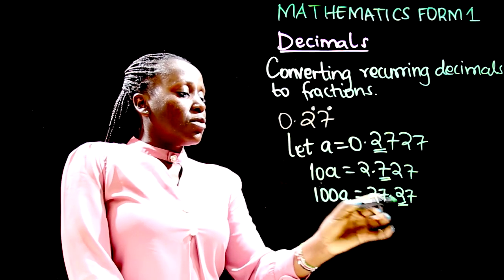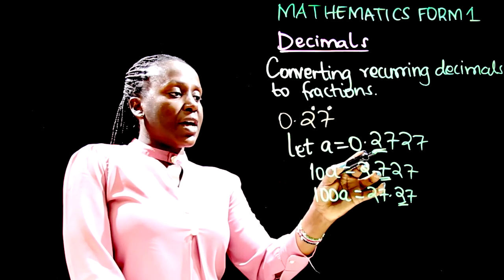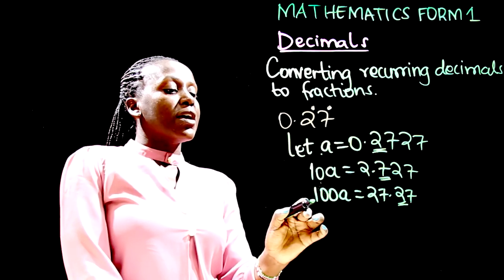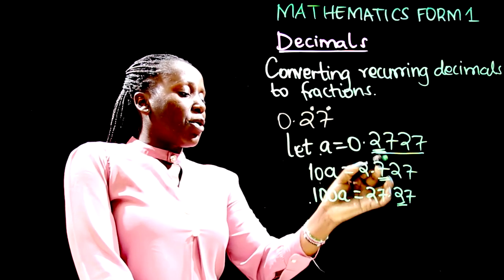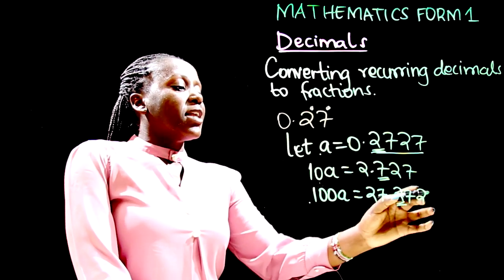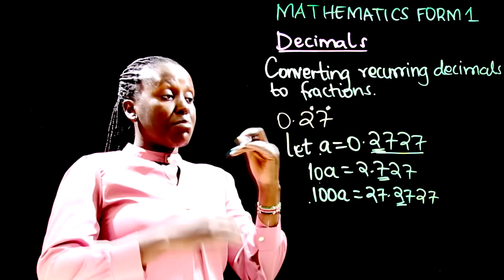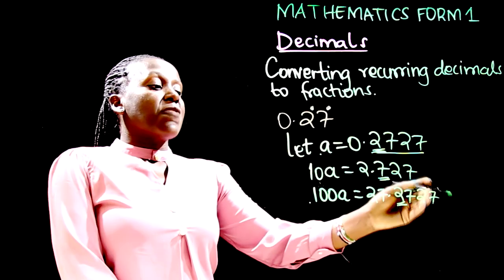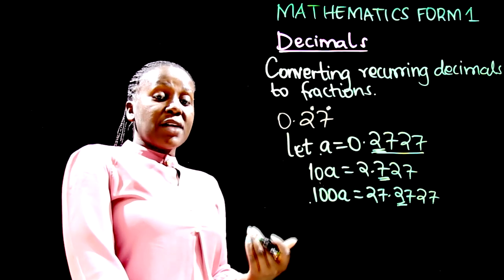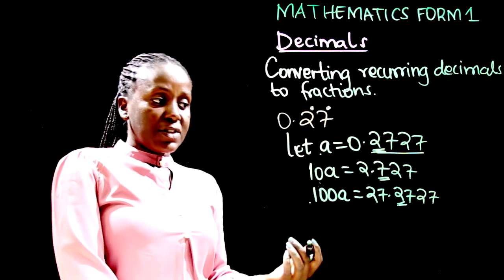Now this is 2, which is similar to what we have here. So now we can work with A and 100A. But since we have 4 decimal places here, we can add another 27 here so that they balance. Remember, we can have as many numbers after the decimal point as we want because it is a recurring decimal.